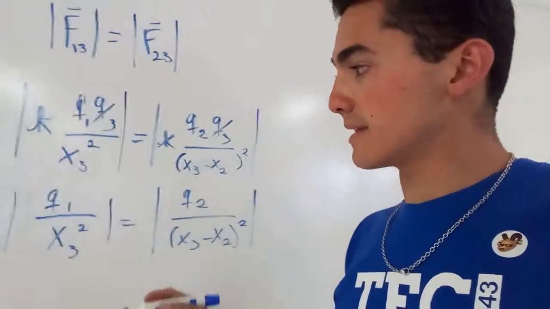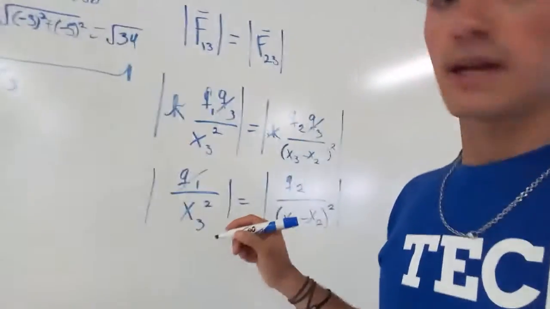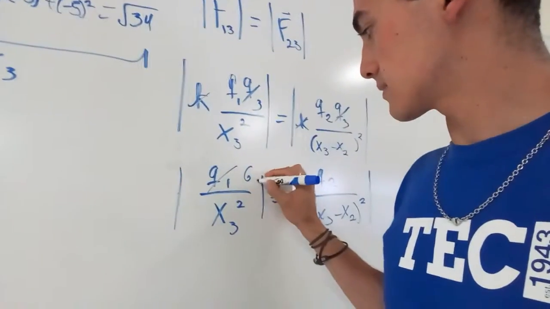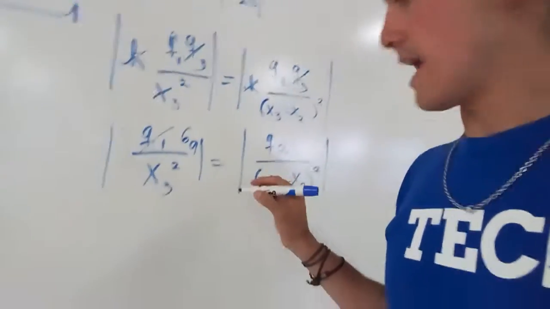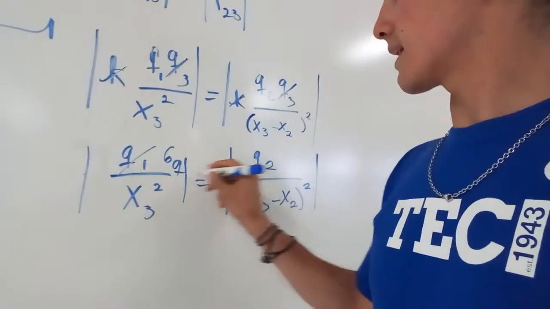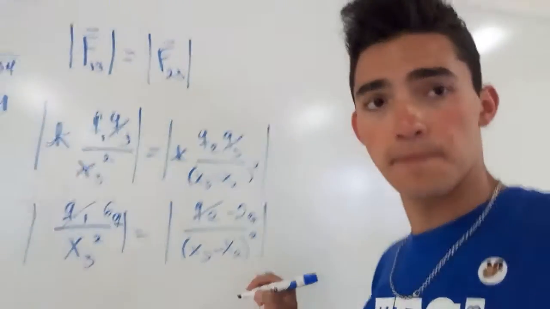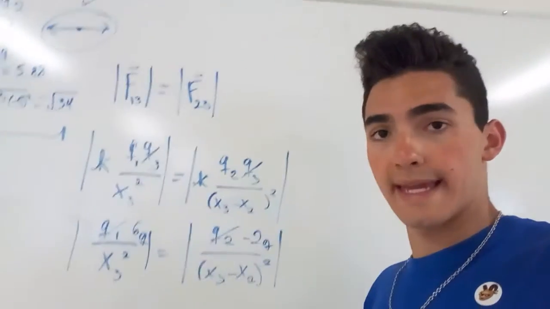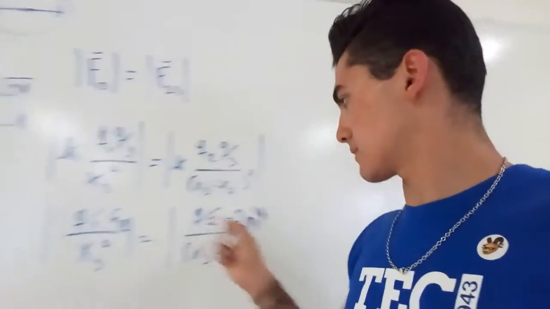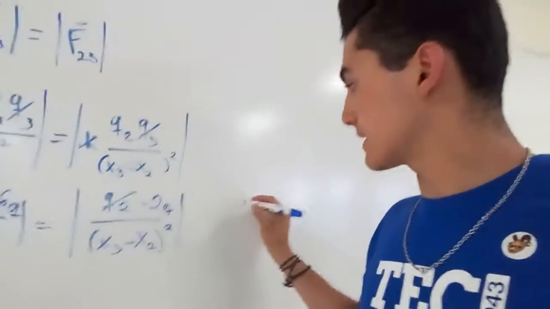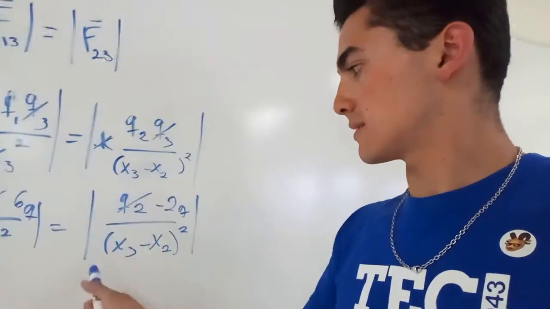For solving this, we know that the charge 1 is equal to 6q, and this one is equal to minus 2q. Once we know this, we can solve this equation by cross-multiplying.